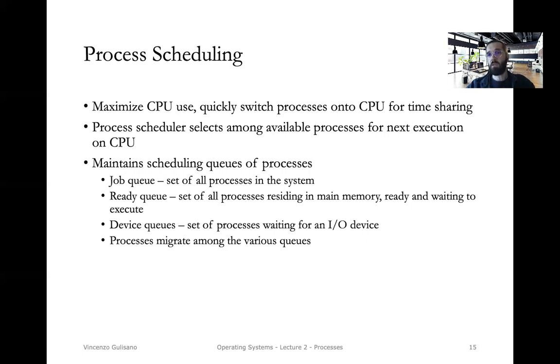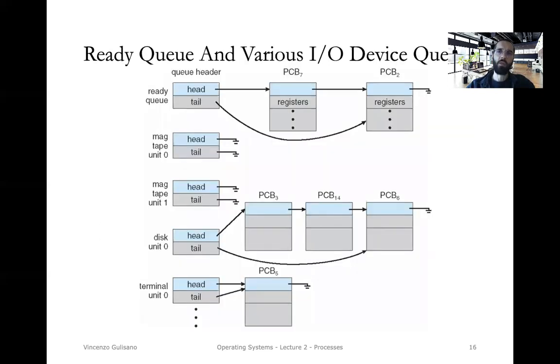So the operating system does something smarter than this. It actually keeps different queues in which it stores the process control blocks. One queue is the queue of processes that are ready, or process control blocks that refer to processes that are ready. And then there are different queues depending on the input-output device.